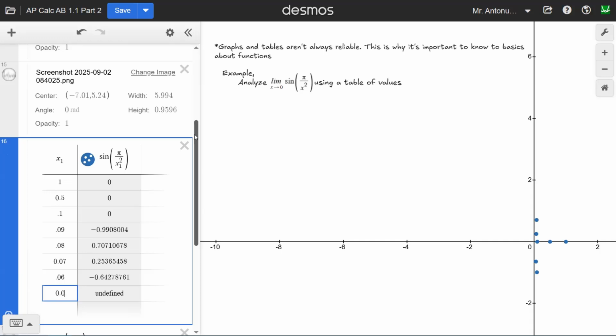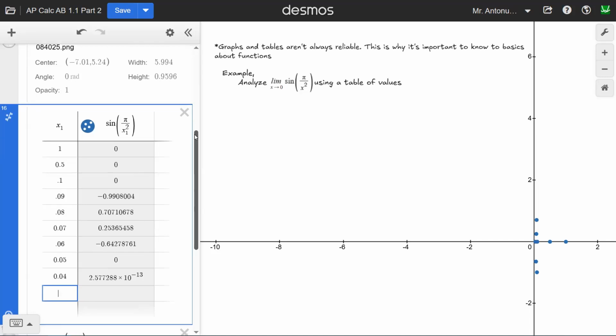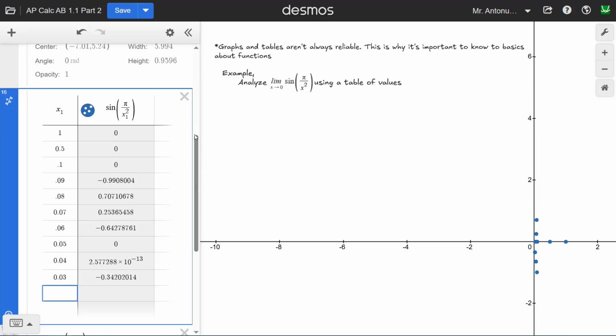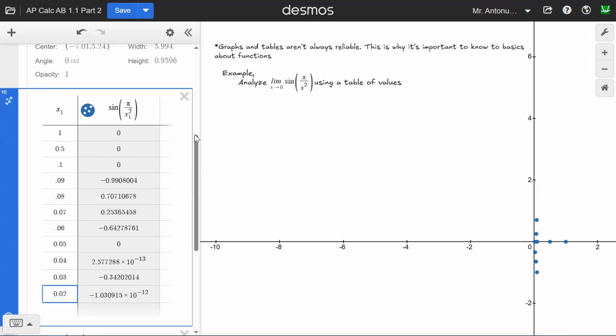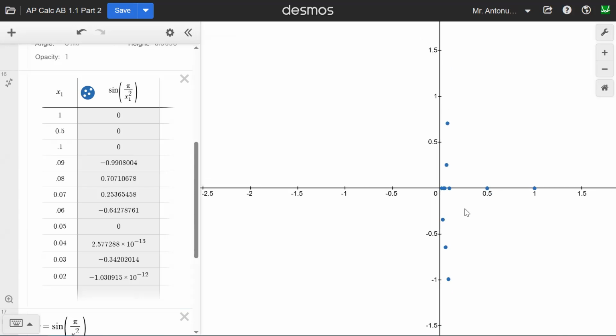The y values are changing a lot. They're changing sign. They're changing in magnitude as well. And so if you look at the graph over here, the plotted values, they're just all over the place.